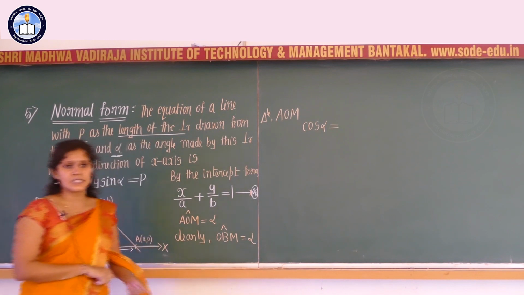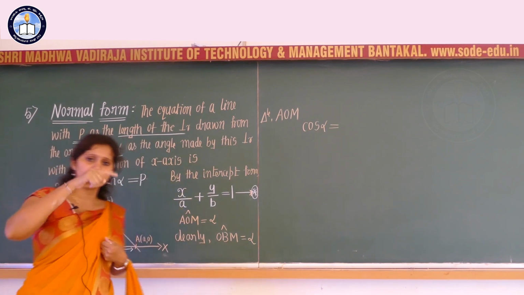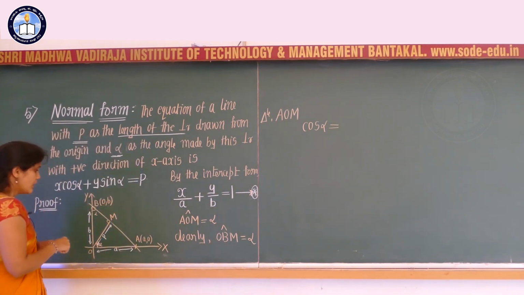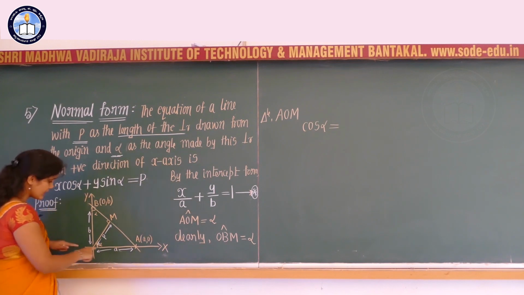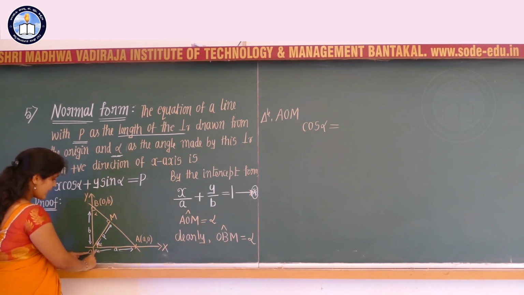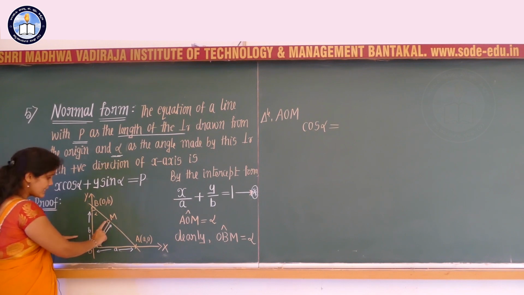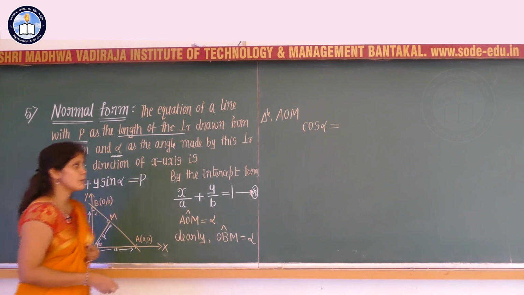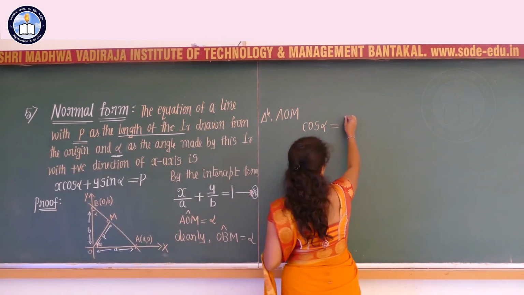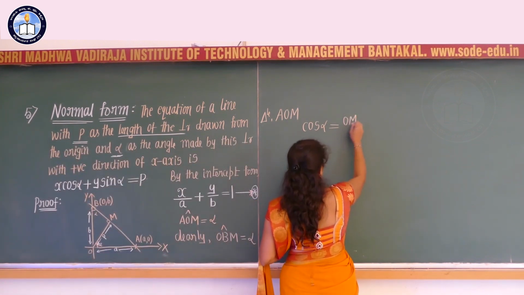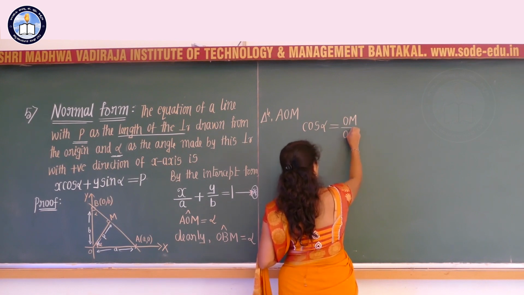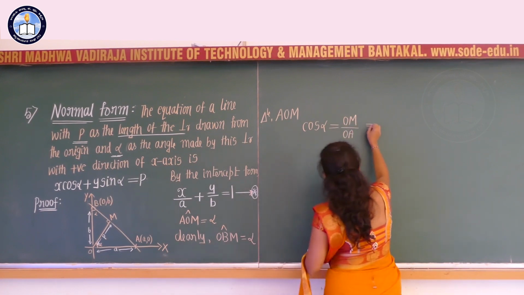Cos theta is nothing but adjacent divided by hypotenuse. So with respect to the triangle AOM, cos alpha is nothing but adjacent divided by hypotenuse, that is OM divided by OA.